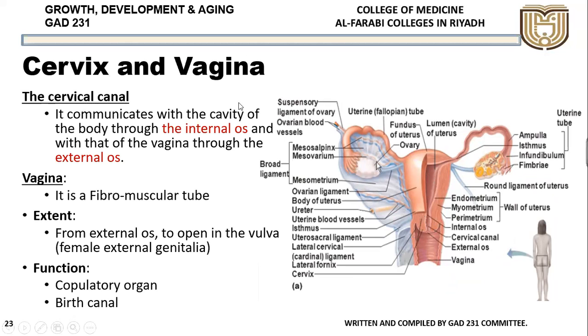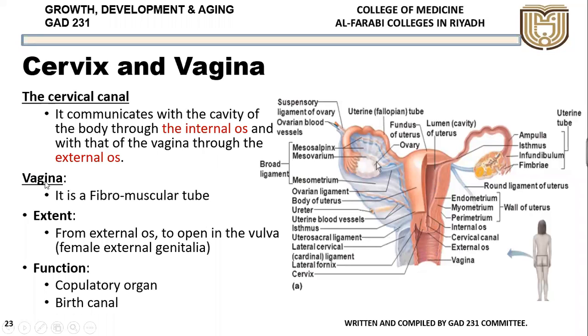It communicates with the cavity of the body through the internal os, and with the vagina through the external os. In between the internal os and the external os is the whole of the cervix. So the internal os opens into the uterine cavity, and the external os opens into the vagina.